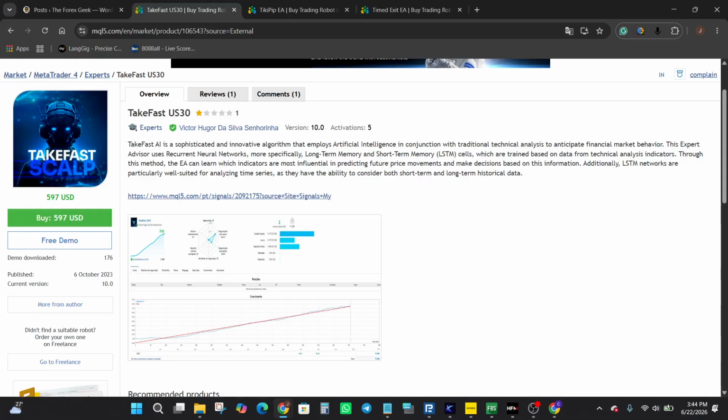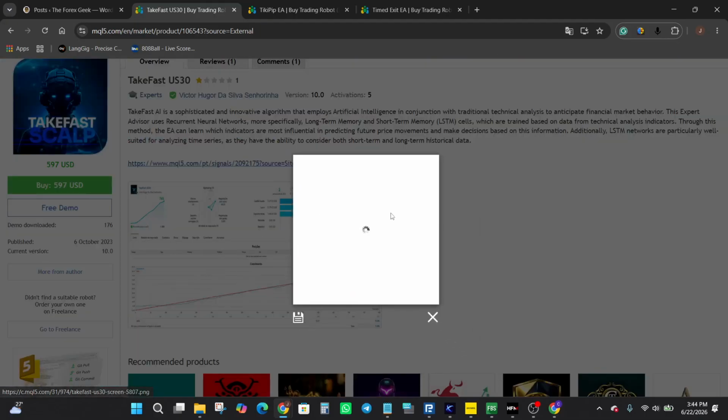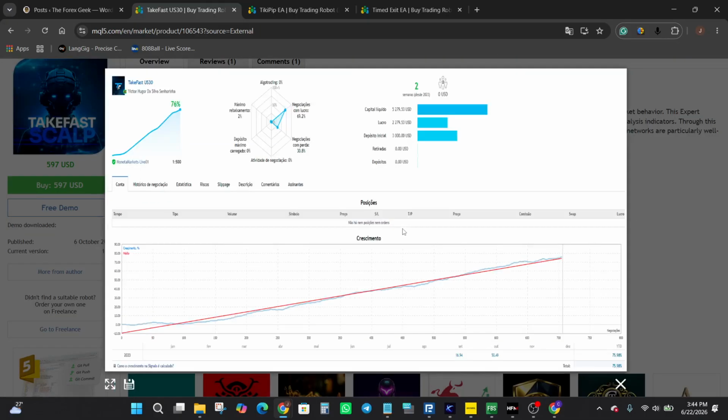So this approach is different from many traditional expert advisors that rely on a fixed set of conditions. According to the description, the objective here is to use machine learning techniques to evaluate relationships within historical market data before generating trading decisions. Now, let us transition over to the backtesting section and review the historical testing results.